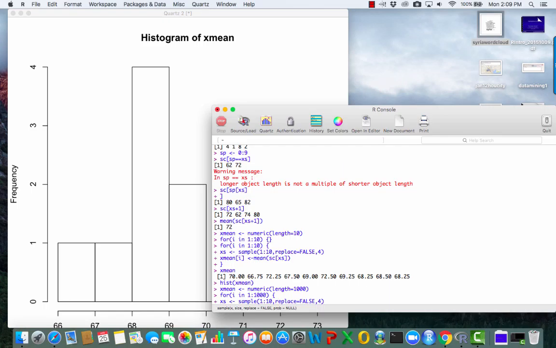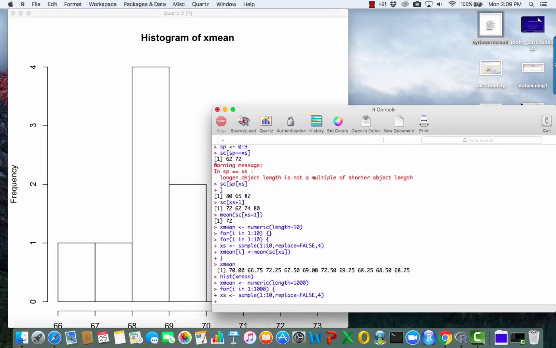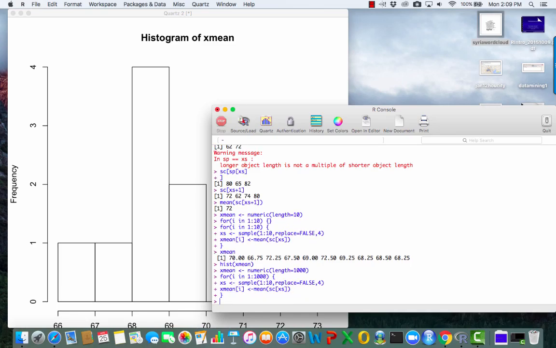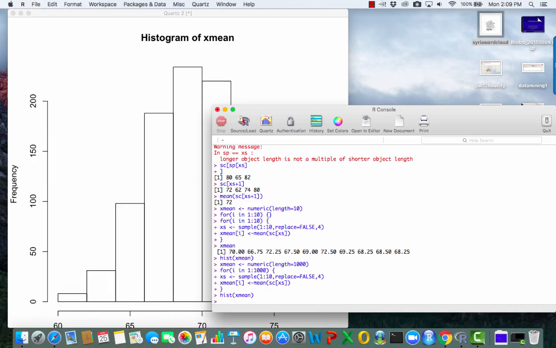I still have the same X mean. Now I do a histogram of X mean. Now let's take a look and see what it looks like. Yeah, there we go. That's as it should be.